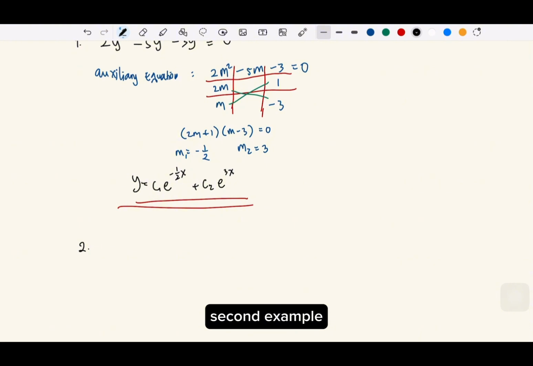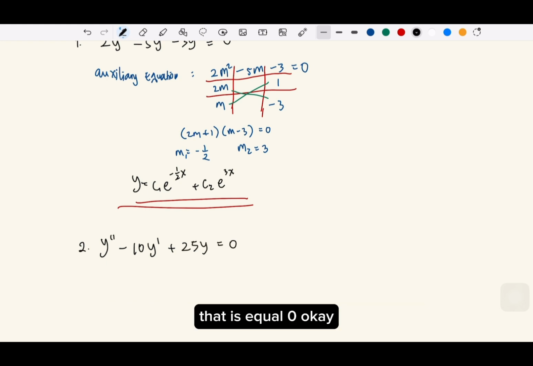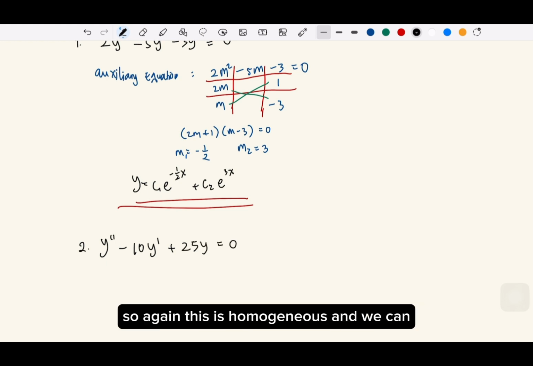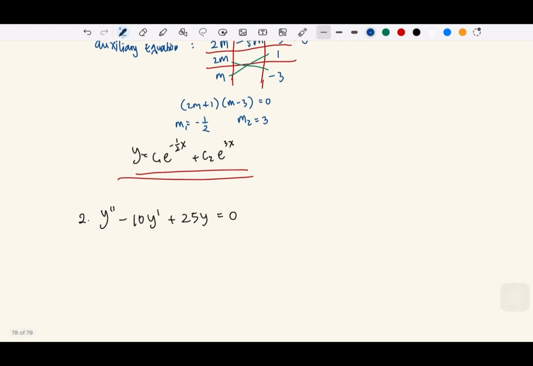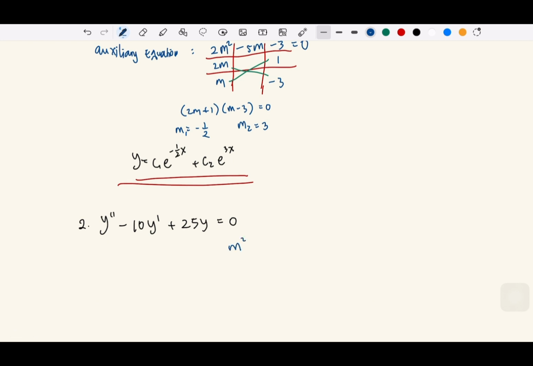Second example, y double prime minus 10y prime plus 25y equals 0. Again, this is homogeneous, and we can directly write the auxiliary expression. So we just exchange to m squared minus 10m plus 25 equals 0.